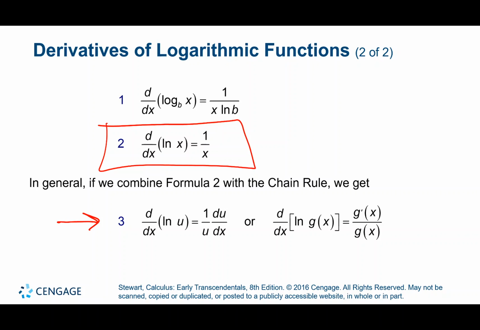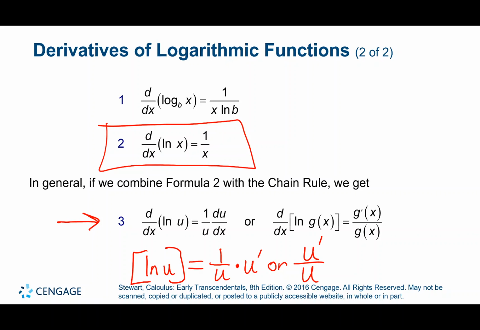In prime notation, which to me is the easier way to remember it, if we want ln of u, it's 1 over u times u prime. Or you could combine those and say it's u prime over u.